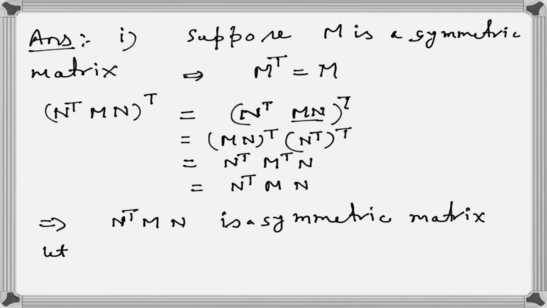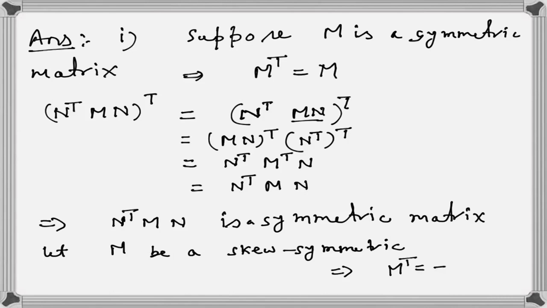Okay, so now suppose that M is skew symmetric, another part of part 1 itself. Let M be skew symmetric. This implies M transpose is equal to minus M. Then again we do the same thing.